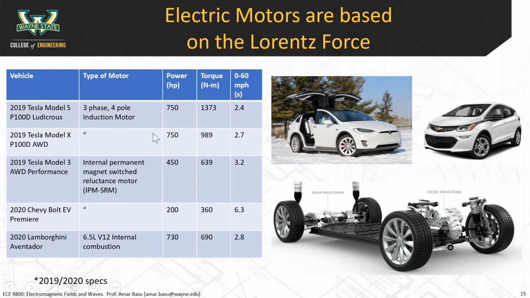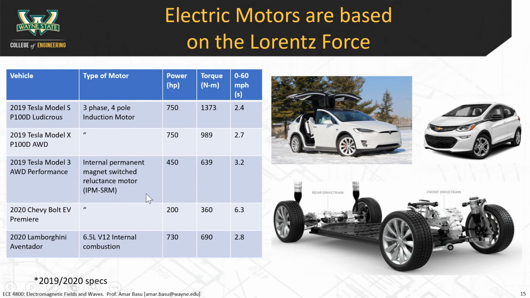These two use something called induction motors, which we're not going to be talking about in this class, because it involves electrodynamics, dynamic fields, and we are talking about static fields this time. The Tesla Model 3 and the Chevy Bolt have slightly lower performance but still quite impressive, 640 newton meters of torque for the Tesla Model 3. These use switched reluctance motors that have an internal permanent magnet in them.